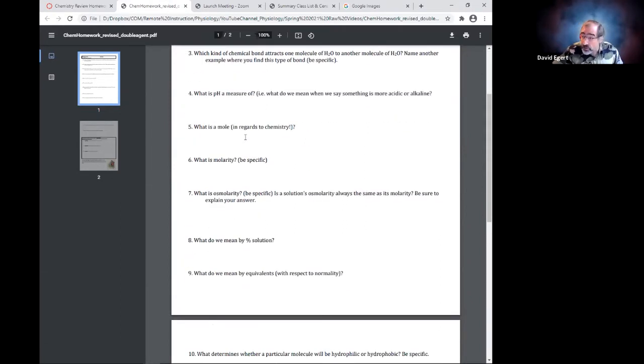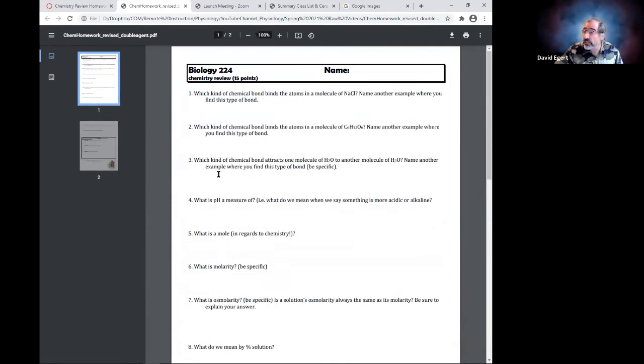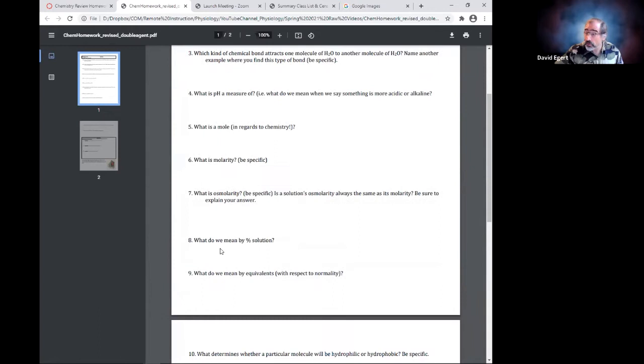If you have questions about any of this, you ask, or you can look it up. You can ask me. There is no reason you should not get 15 out of 15 on this chemistry homework. But it is important that you don't just find something and write it without thinking about what you're writing, because then you're not actually understanding it.